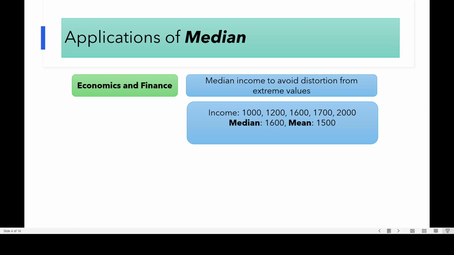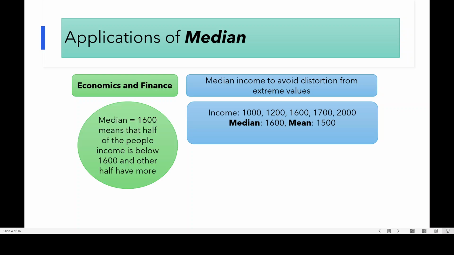Here is a sample data in which median is 1600 and mean is 1500. So median 1600 means that half of the population's income is below 1600 and half of the population's income is above 1600.